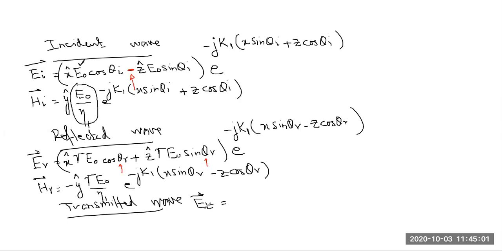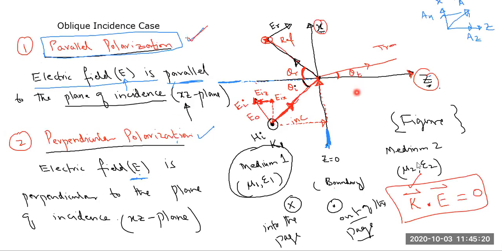Now, the equations for the transmitted wave can be easily extracted from the incident wave. All you need to do is, in place of theta i, use theta t, because the transmitted wave is now with respect to theta t.